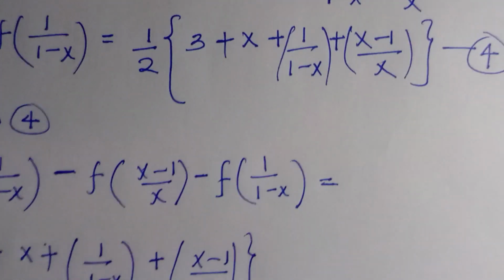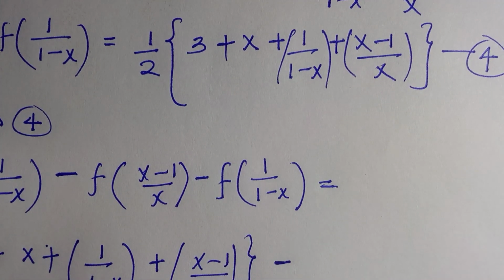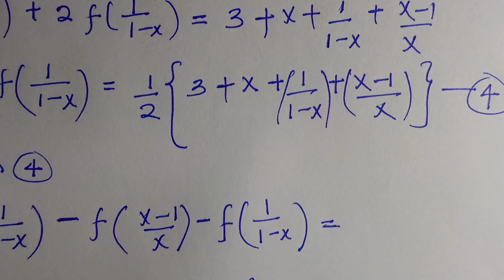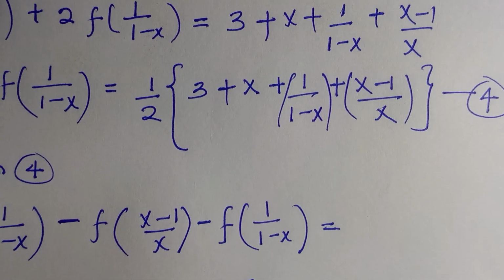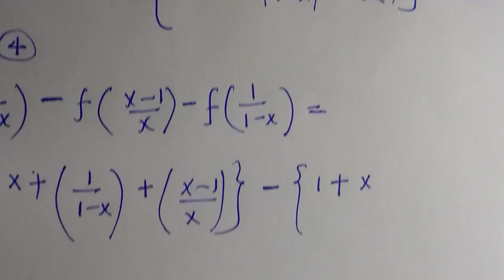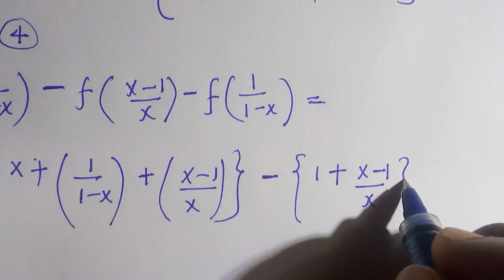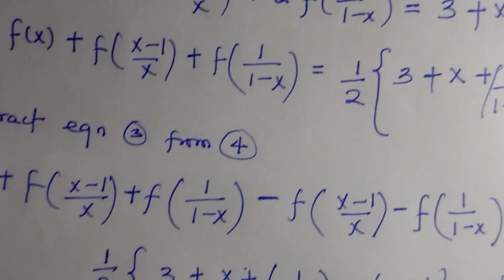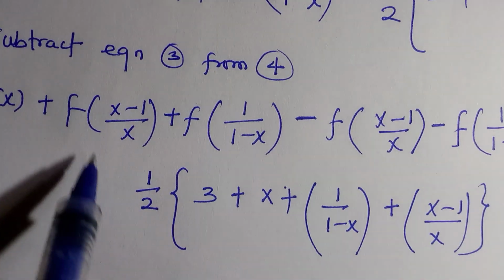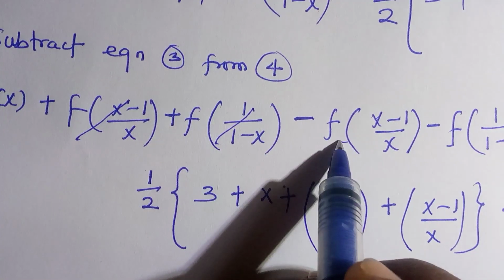If you give a larger bracket, then minus what you have in equation 3 at the right hand side, which is 1 plus x minus 1 divided by x. Something has been negating each other in this. F of x minus 1 will cancel, all this will also be cancelled.